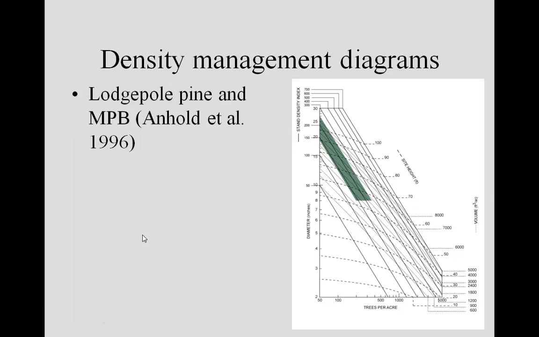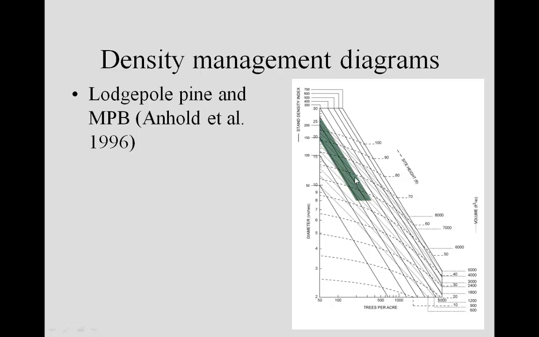A little closer to home, here's a lodgepole pine diagram again. In this case, we have both the volume lines and the height lines. And a paper by Anhold and his co-authors suggested that at this range, this polygon, trees an average diameter greater than 8 inches, and if the stand was not very open or not very dense, was really prime beetle habitat.